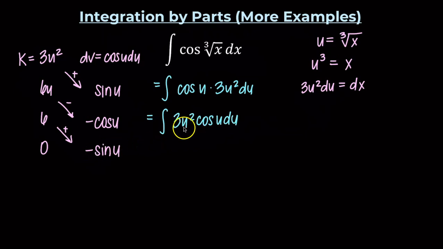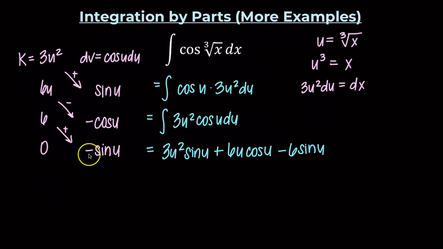All right, so now the answer here is going to look like that first diagonal, 3u squared multiplied by sine u. Then the next diagonal is going to end up being positive 6u cosine u. And then minus 6 sine u, multiplying these. And then we have plus our constant c.